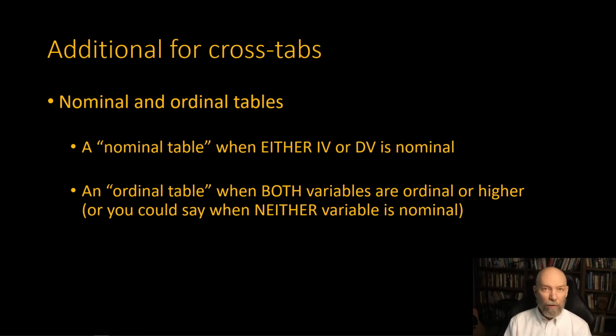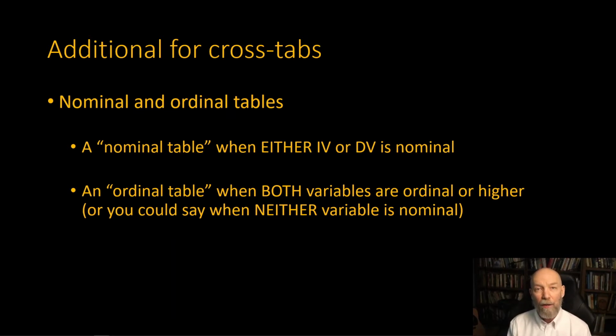But this tool, it depends also whether you have a nominal or an ordinal table. Okay, these are rough terms. Don't take them too literally, because it's not saying what you may think it's saying. A nominal table doesn't really mean that every variable in the cross-tabulation is nominal. It just means that there is a nominal variable somewhere in the cross-tabulation.